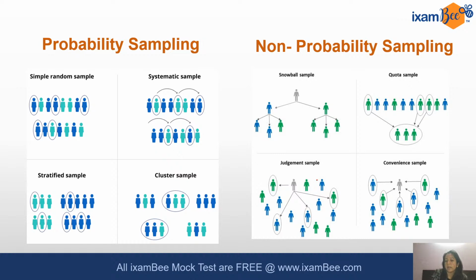You might know about judgment sampling and also convenience sampling, right? From this topic, one or two questions, definitely one question, will be related to sampling, and it is quite interesting.